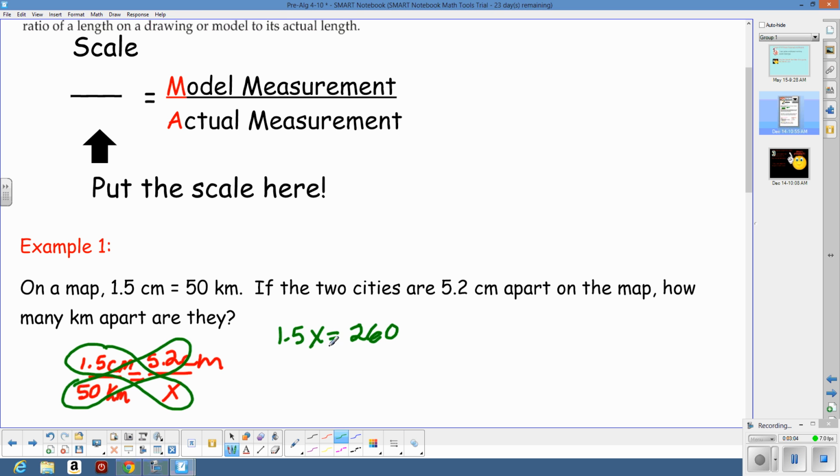Now to solve this for X, instead of multiplying by 1.5, you would divide by 1.5.